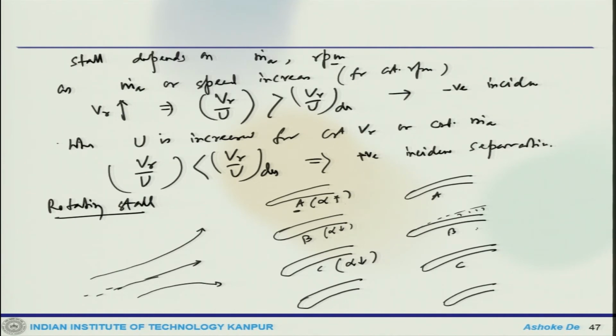So, this is what is called rotating stall, and typically this is a precursor of surge. If multiple passages go on stalling, then that can lead to surge, and this would be a detrimental effect.